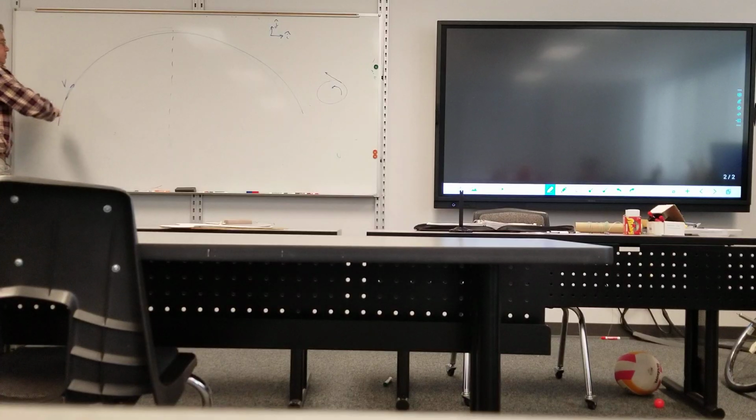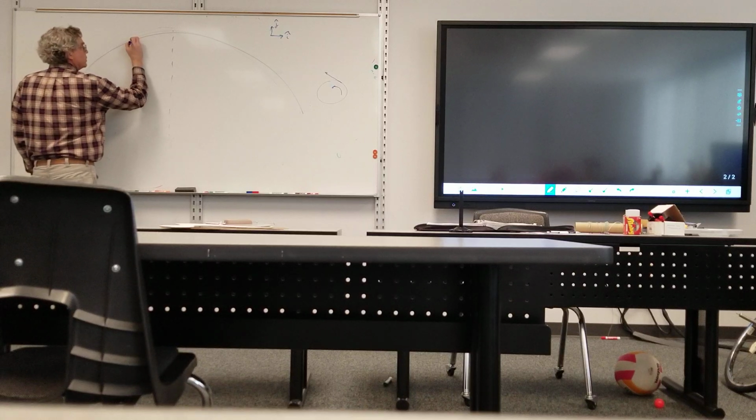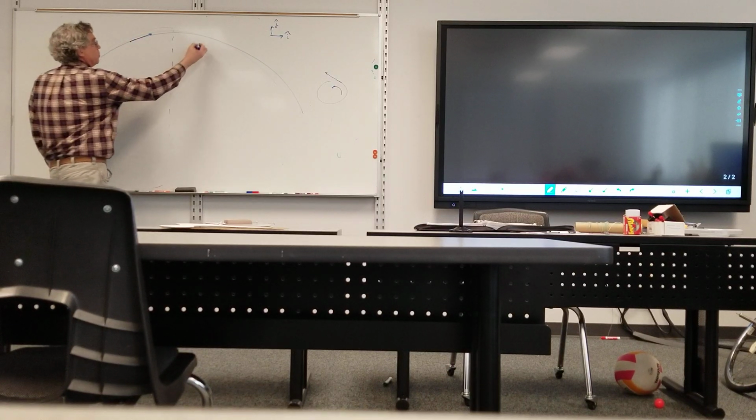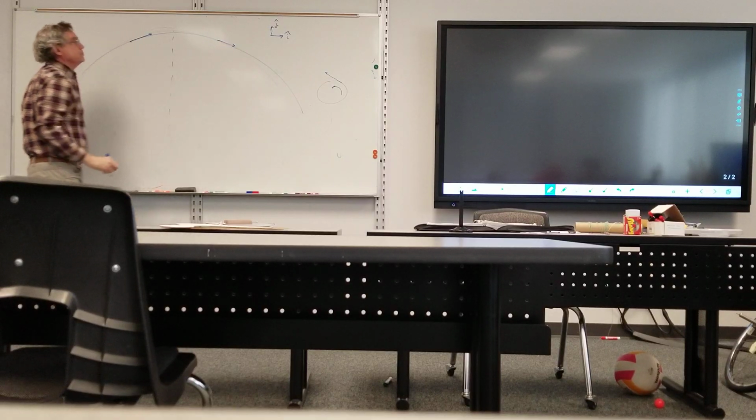And we know from Newton's first law and second law that an object will want to maintain its velocity unless it has some outside force acting on it. So at this point right here, the direction of the velocity is that way. At this point here, the direction of the velocity is that way.